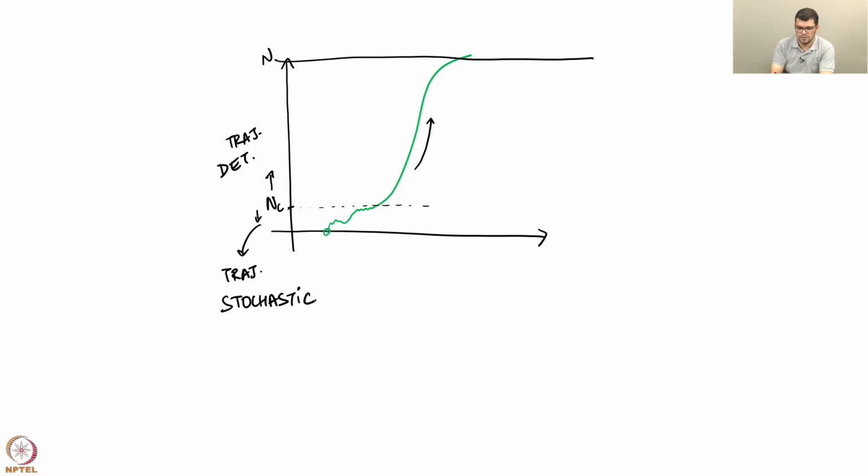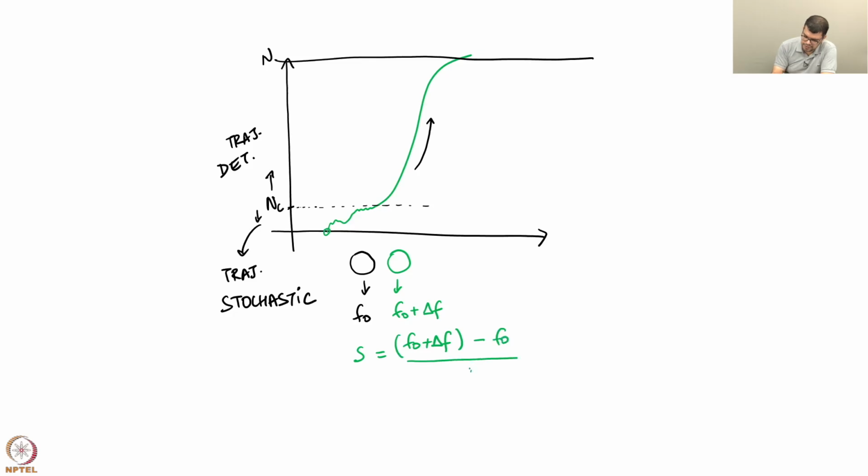And we said that this is a function of, if we compare the two genotypes, if this genotype has a fitness F naught and the green genotype, the mutant that comes up here, has a fitness F naught plus some delta F, then the selection coefficient associated with this mutation is F naught plus delta F, the fitness of the mutant, minus F naught, the fitness of the ancestor, divided by F naught.